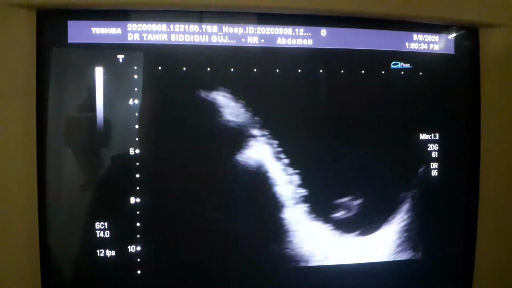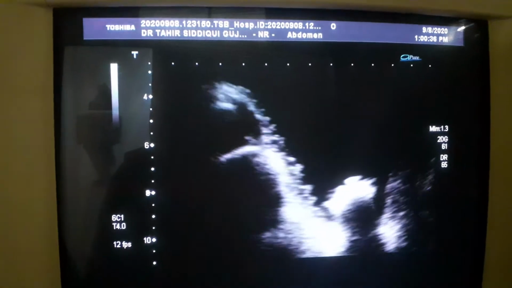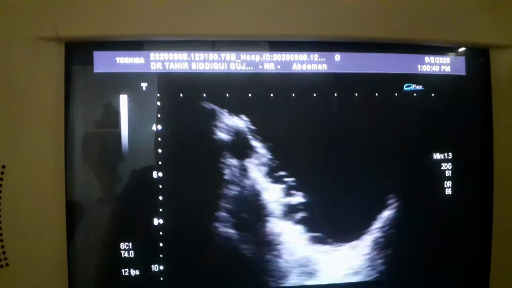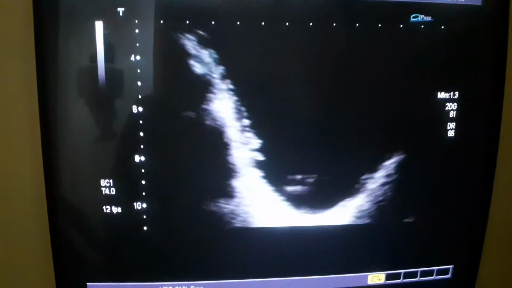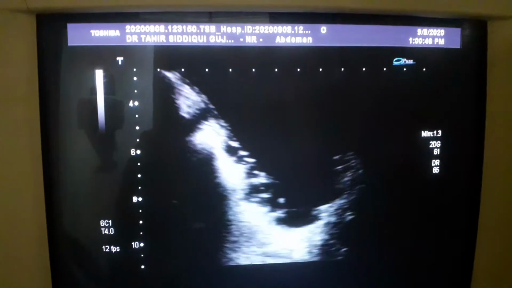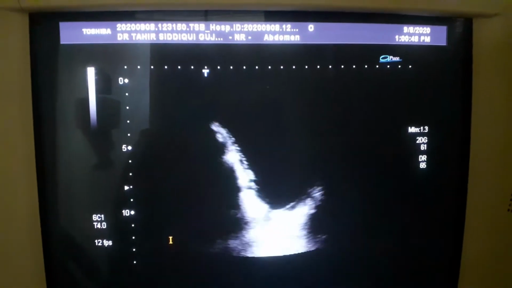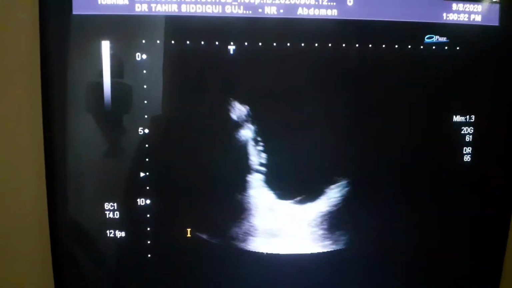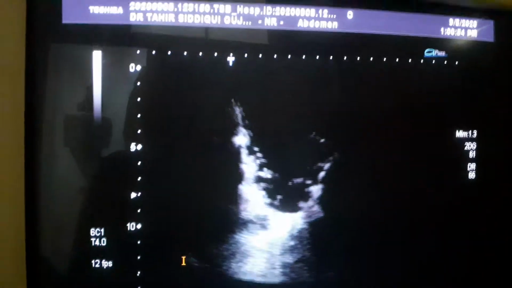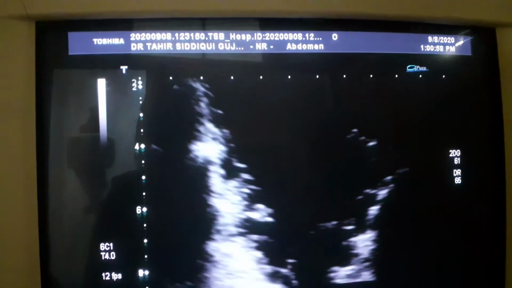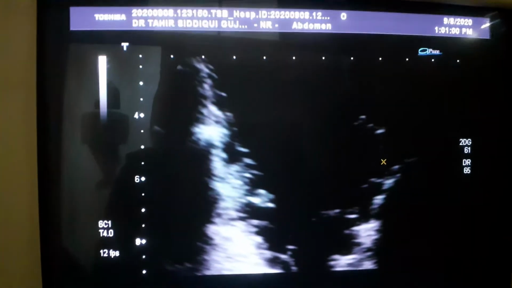Okay, now the second thing in this patient: along the wall of the urinary bladder, you are seeing incomplete, short, linear areas on both sides.